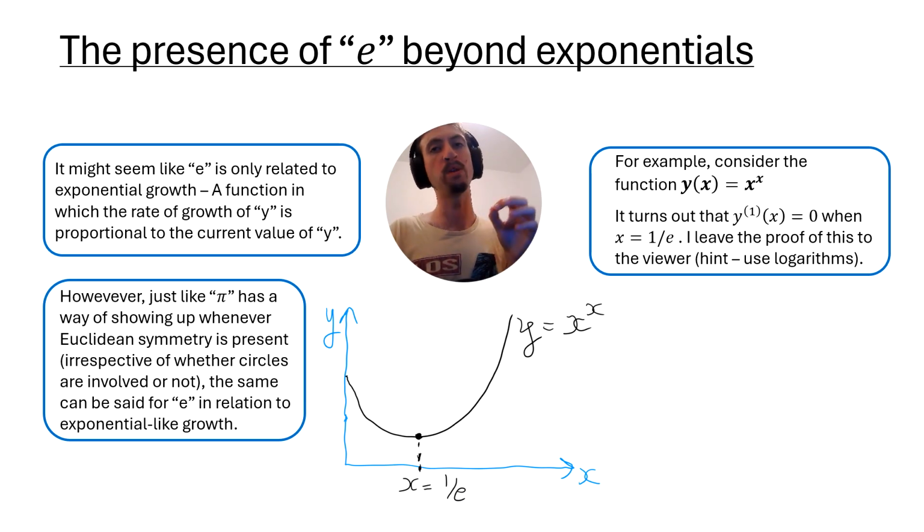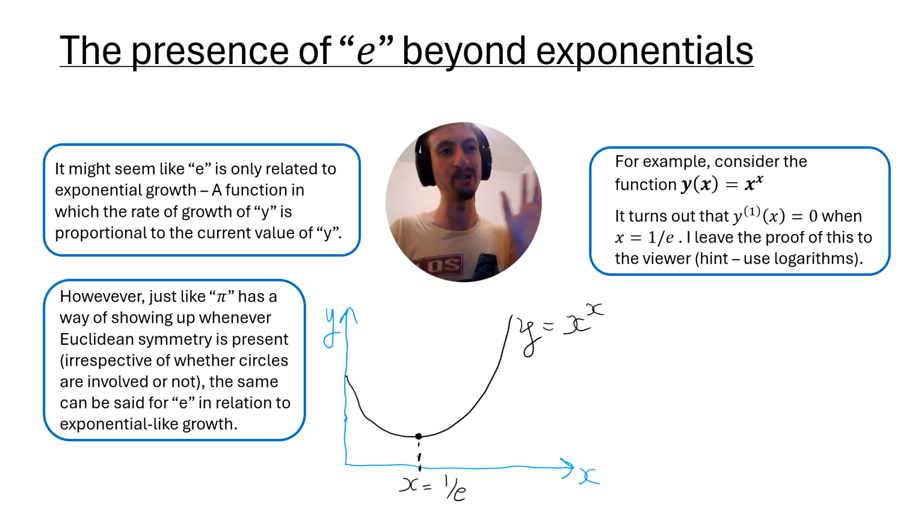Now it turns out, although 0 to the 0 is traditionally considered as undefined without further information, that the limit of x to the x as x approaches 0, starting from a place that is bigger than 0, is well defined, and that limit is equal to 1.